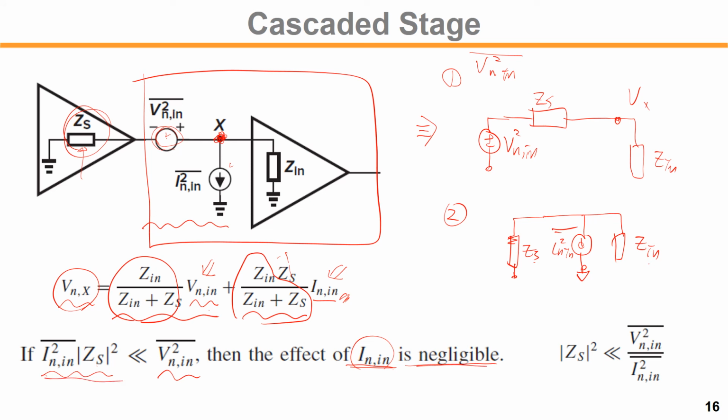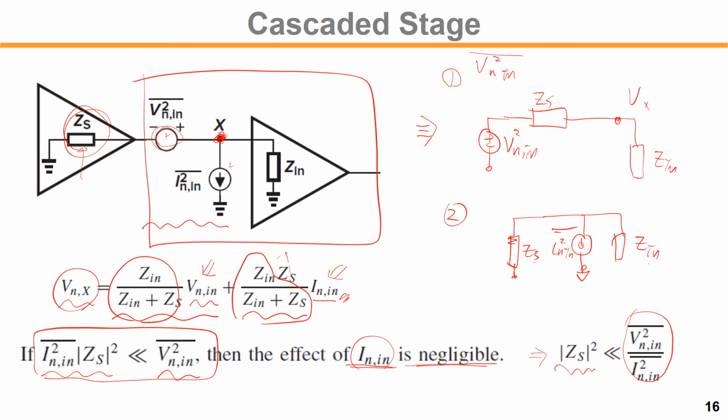So this condition gives us a guideline for when we consider the input reference noise voltage. This equation can be written again like this: if the source driving impedance is much smaller than Vn square over IN square, then the input reference noise current can be negligible.